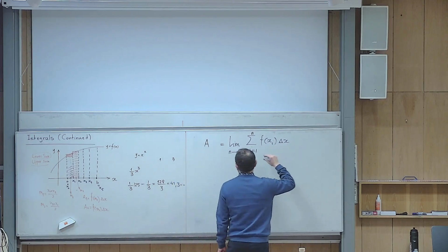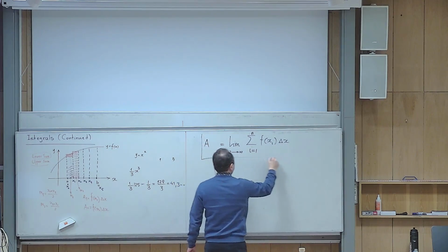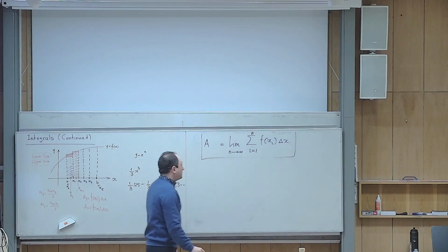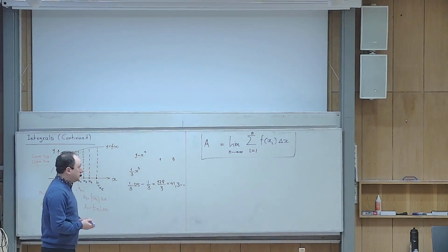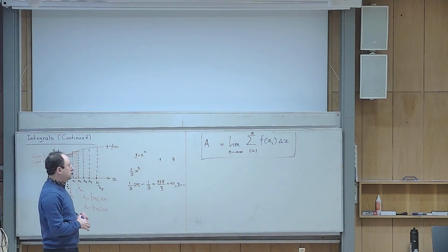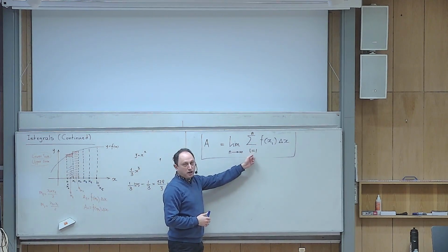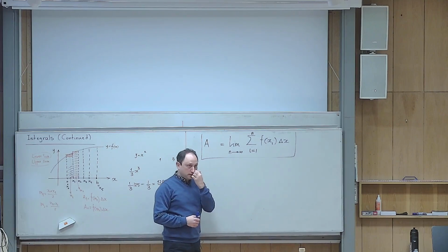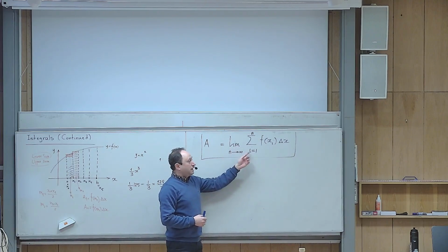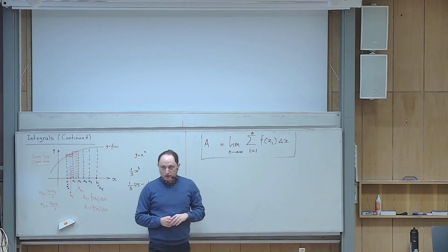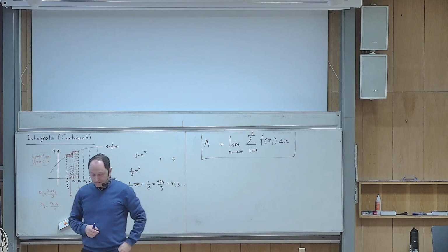So this gives you the area. Last time I tried to make this definition plausible, and even though it seems not possible to do it infinitely many times, I gave you a very simple example so that we were able to calculate this limit for the area, even though we knew that area.